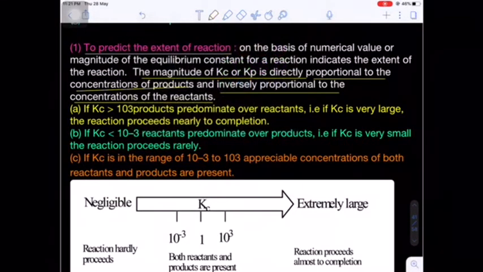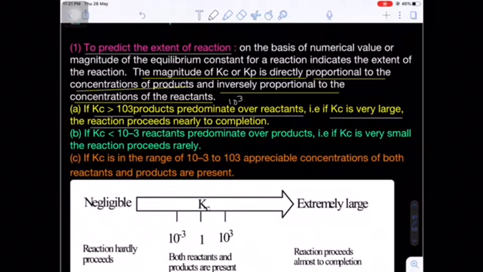Number one, if the Kc value is greater than 10 to the power 3, that is 1000, then products predominate over the reactants. The Kc value is very large and the reaction goes almost to completion.